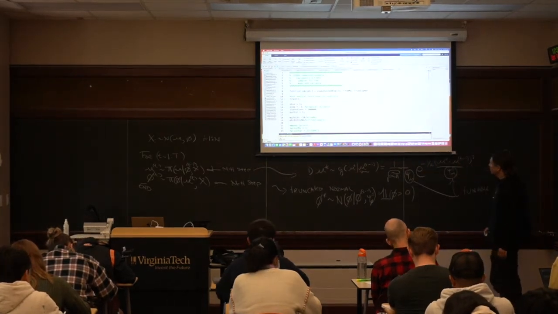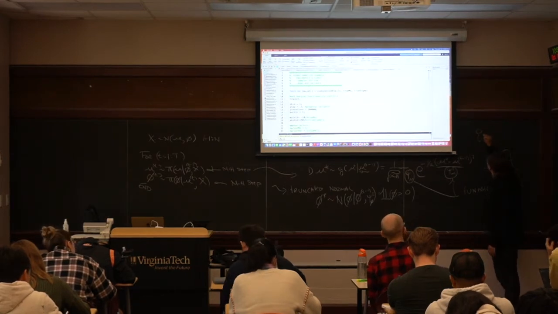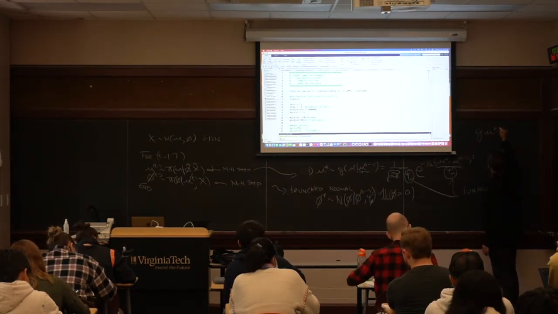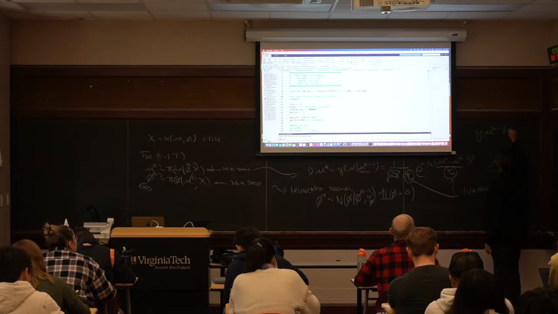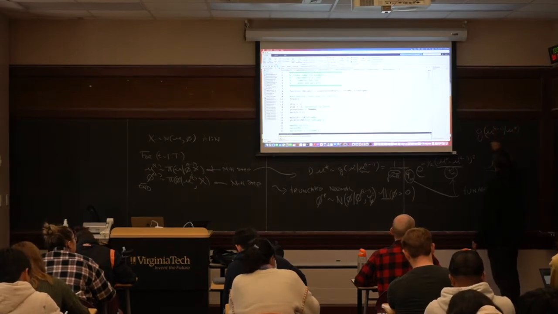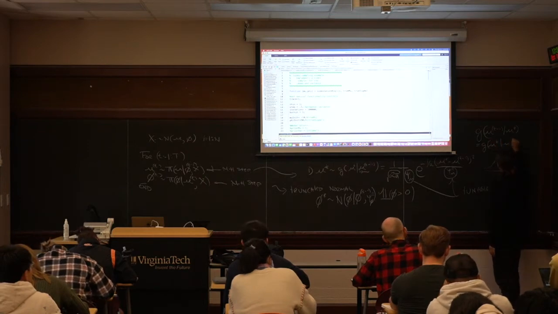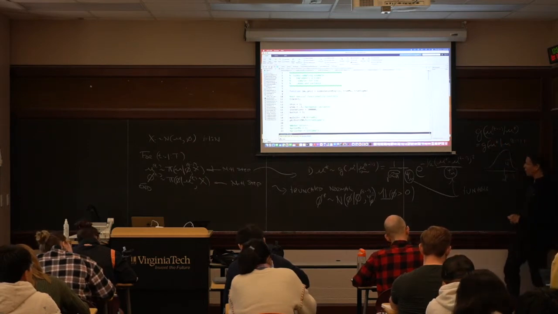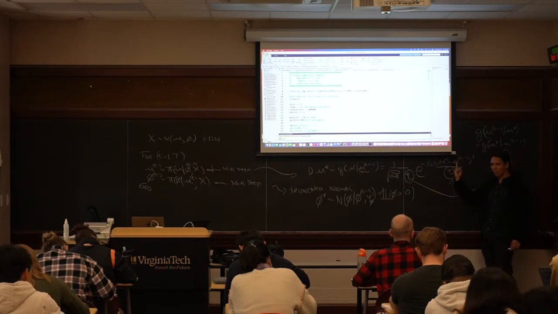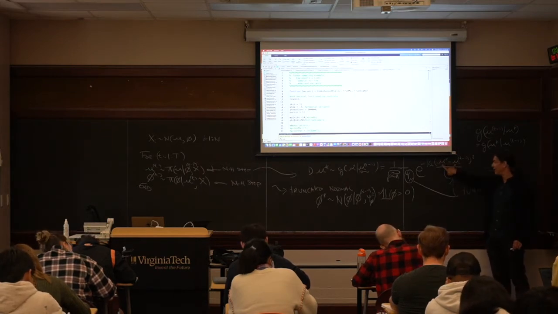I'll point out that g of mu t minus 1 given mu star is equal to g of mu star given mu t minus 1. So I look at where the mu star and the mu t minus 1 show up, and I interchange them.